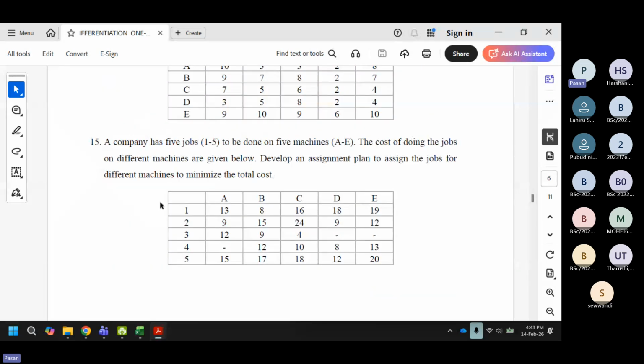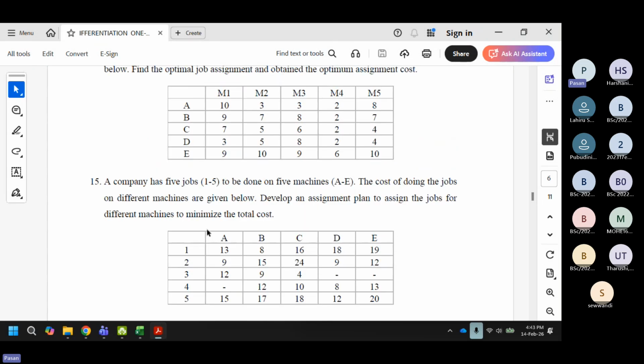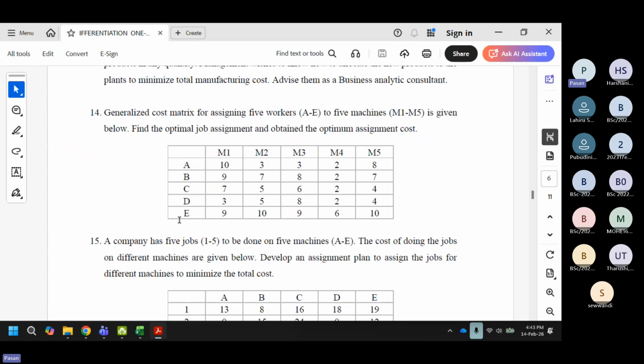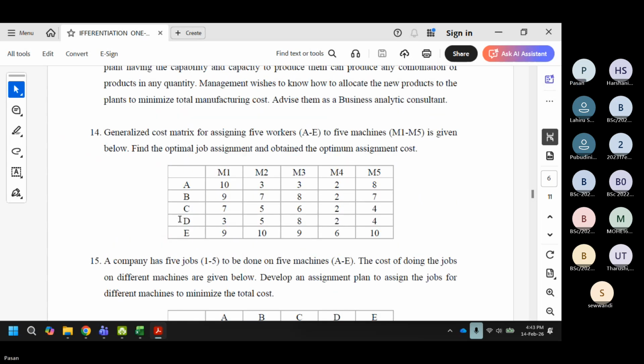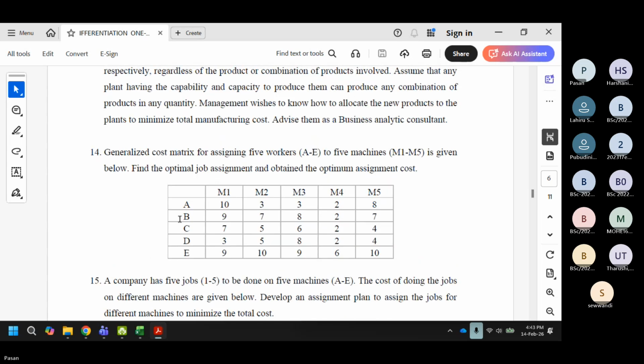These dashes indicate that there is a very high cost, so that assignment is not possible, right? Same type of question, and again the same type of question.